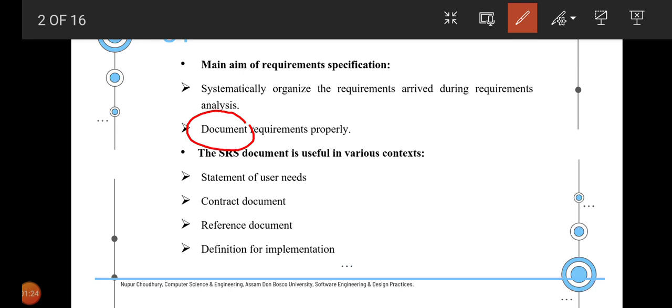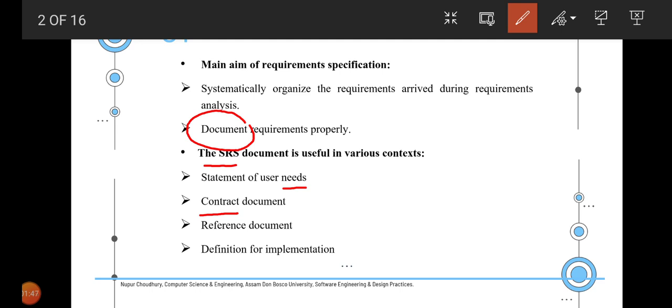We call the document that has been developed after requirement gathering and analysis as SRS, or the software requirement specification. It relates to the statement of user needs and basically serves as a contract document between the users and the developer.